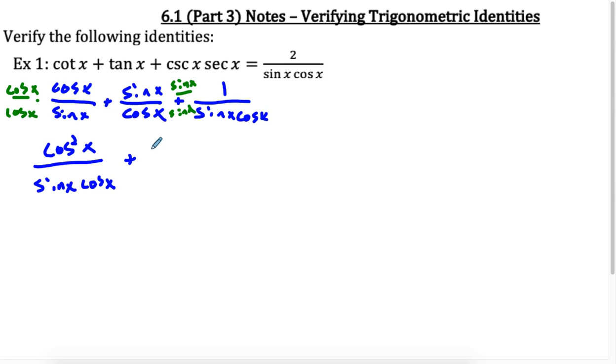Here we'll end up with sine squared over sine times cosine. And then here we'll just still have 1 over sine times cosine.